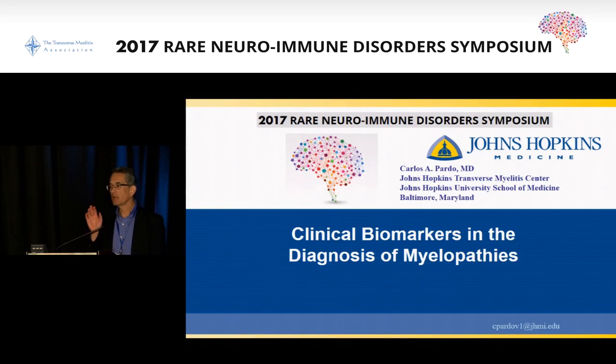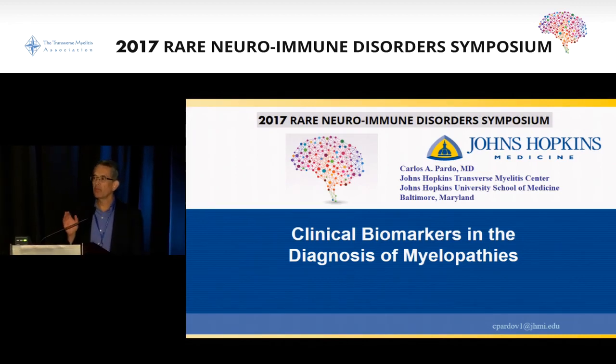What I would like to concentrate on in the next few minutes is clinical research that we focused on in the past several months to analyze potential biological markers and clinical biomarkers for establishing a better diagnosis of myelitis and myelopathies.